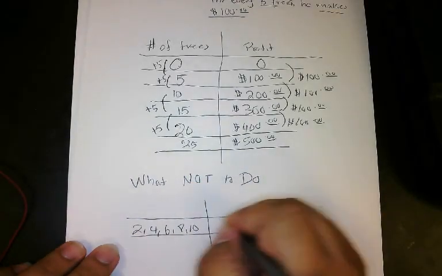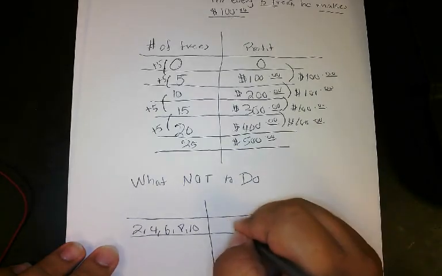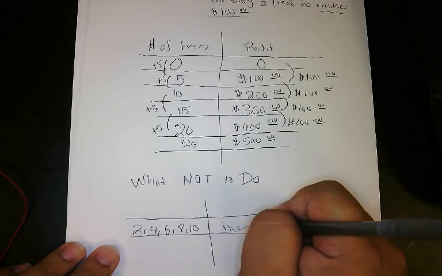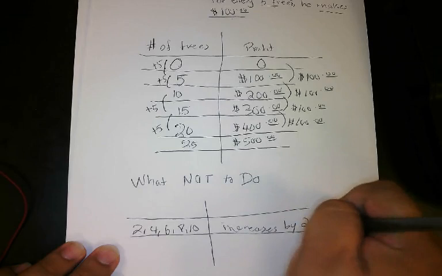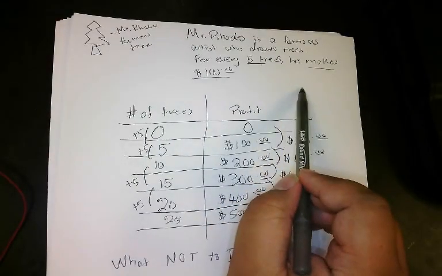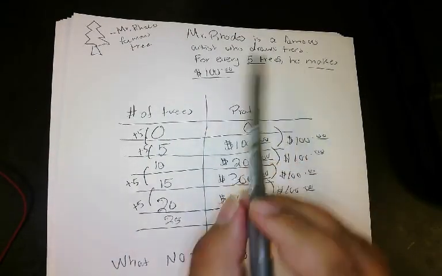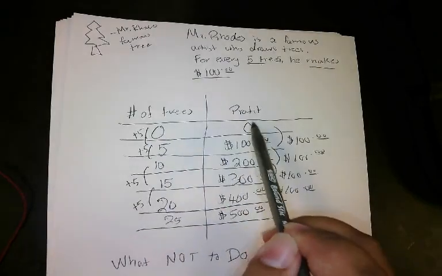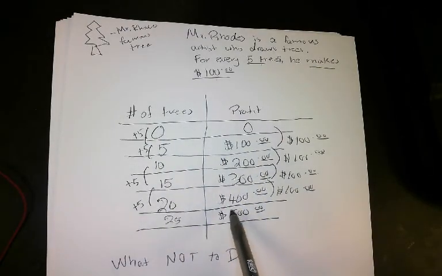I don't want you to do that and then tell me something over here like increases by 2. That's not what this homework is. This is kind of like what that first homework assignment was. So you're not making up these type of patterns in this homework assignment. You're making up a prompt to then translate into your table.